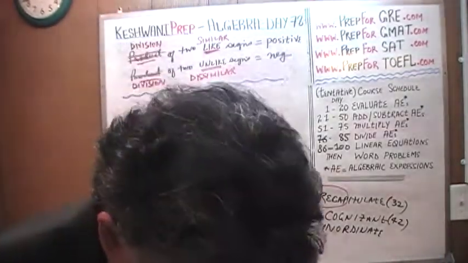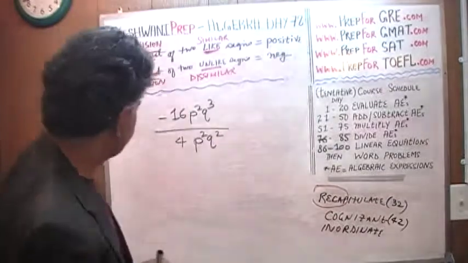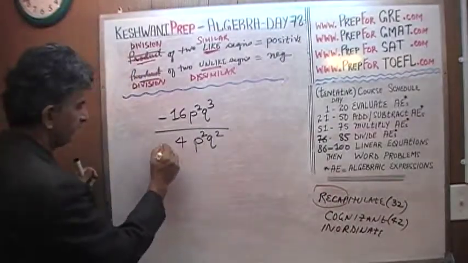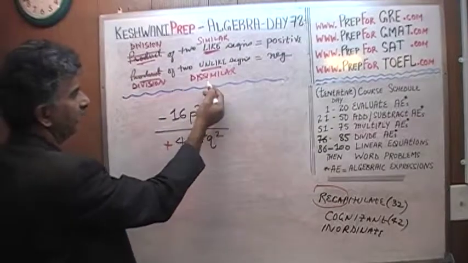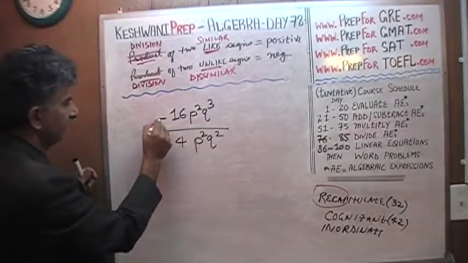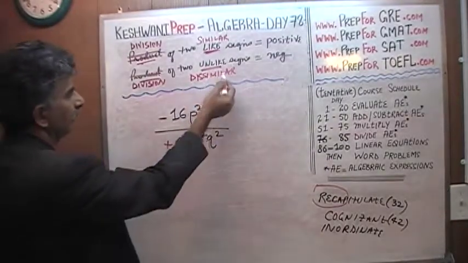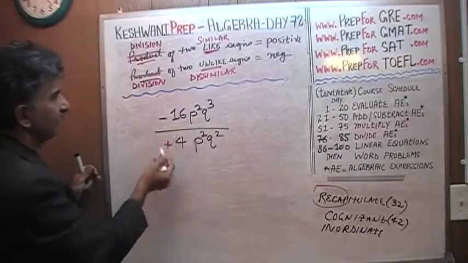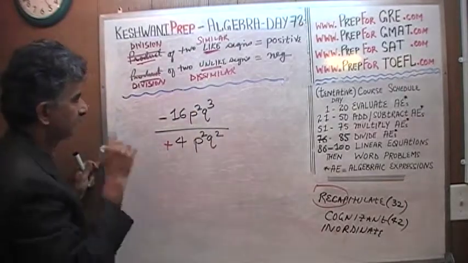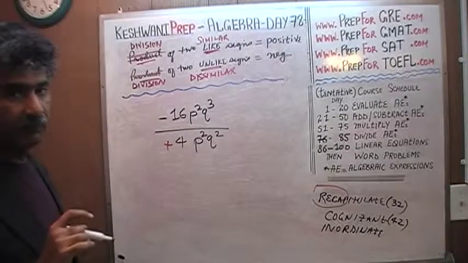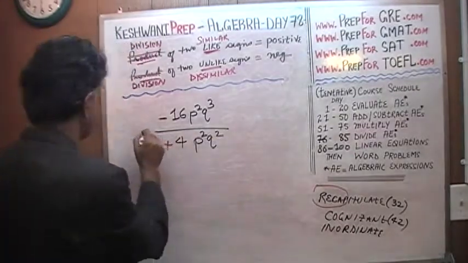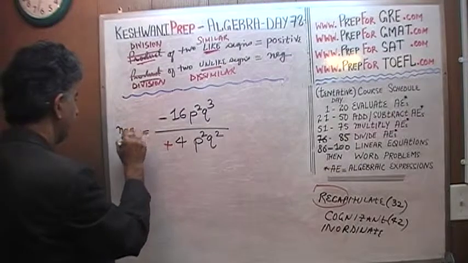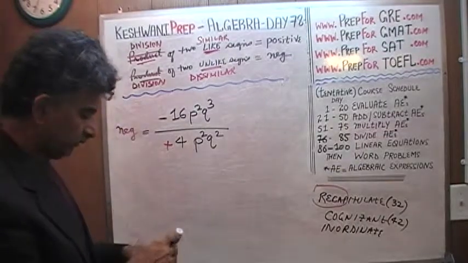Since this one doesn't have any sign in front of it, it is positive, and this is negative. They are dissimilar signs. A negative divided by positive, or positive divided by negative, is negative. So this whole thing is going to be a negative quantity. A negative what? Well, we'll find out in a second.